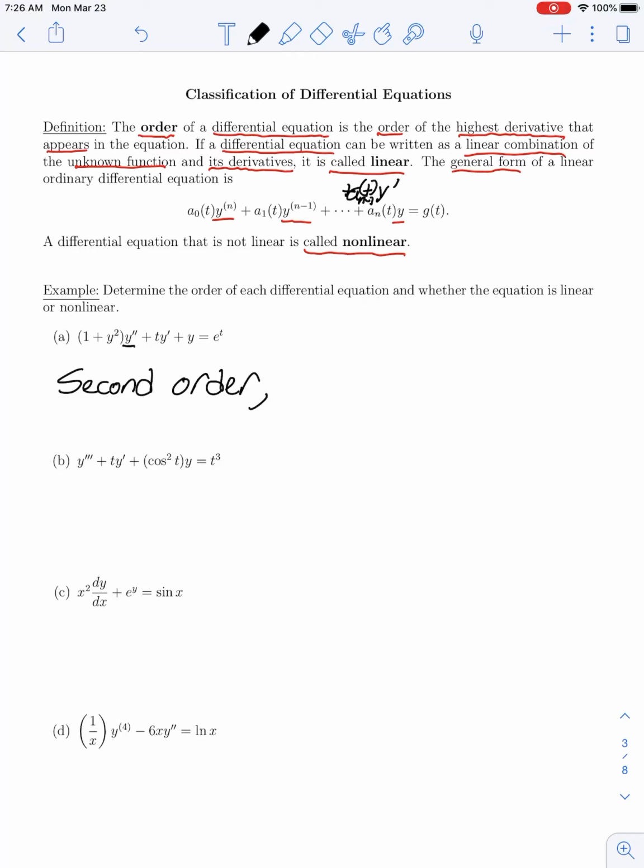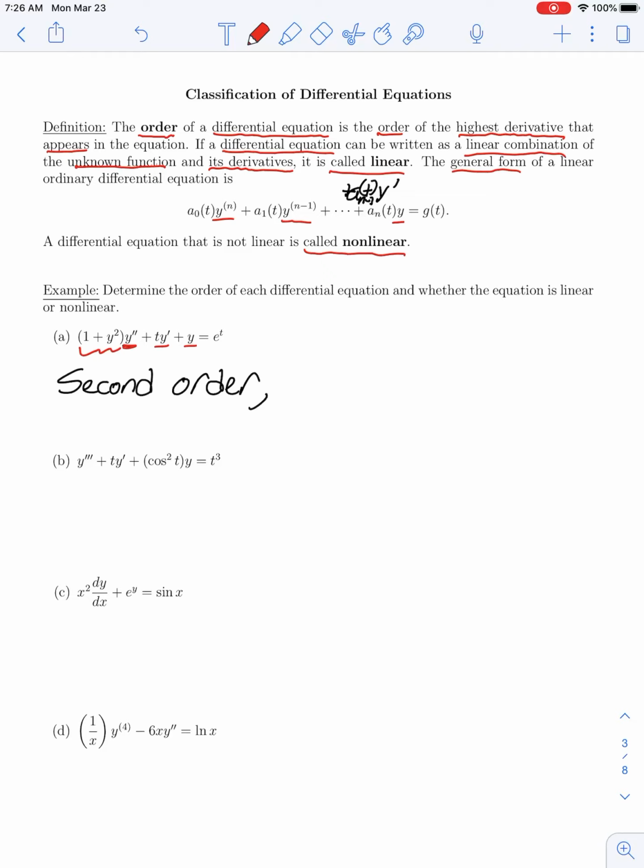Now, to address linearity, we would see whether this equation has the general form that we discussed earlier. So if we look at our lower terms, well, we have a 1 times y, a function of t, namely t times the first derivative y prime, and then for this first term, well, we had a y double prime, but out in front, we did not have a function of t.